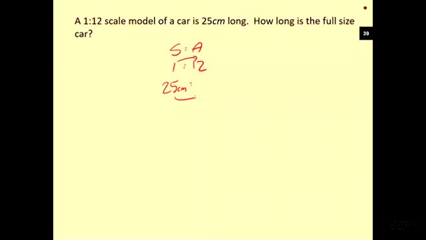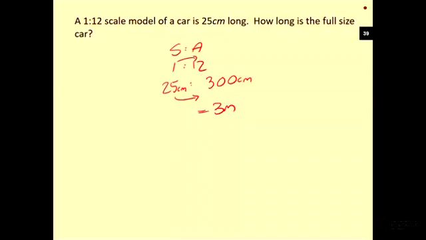Yep, because you can see that actual life is 12 times bigger. 12 times 25 centimetres is 300 centimetres, which is acceptable, but it could be multiple choice, whatever. Or it could say how many metres long is the car. But clearly 300 centimetres, lose 2 zeros. No trap. Hopefully we're looking good.